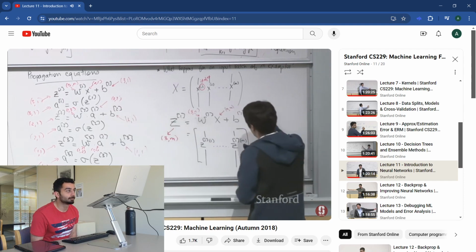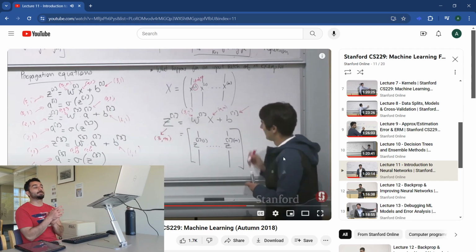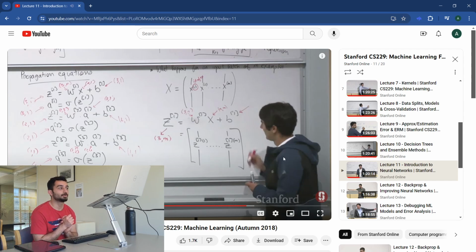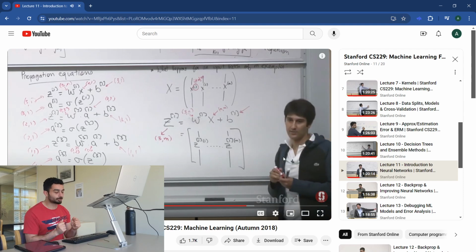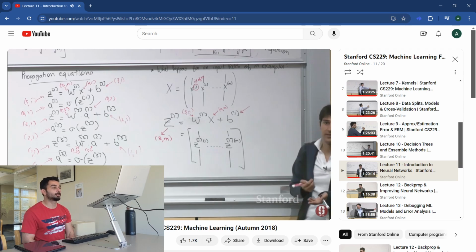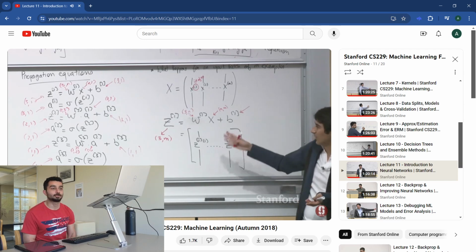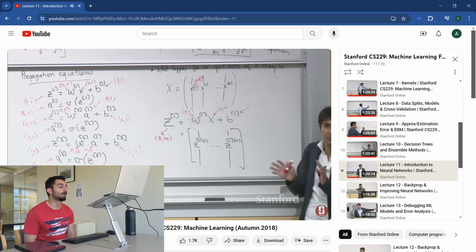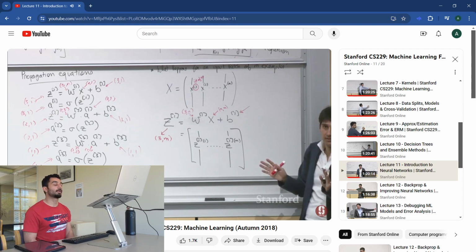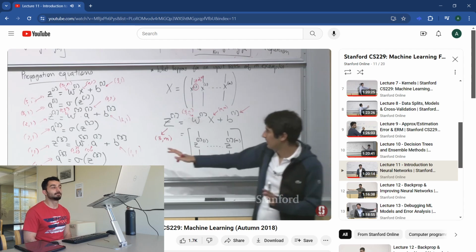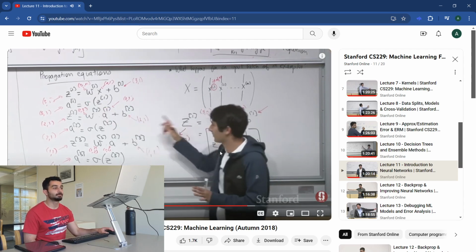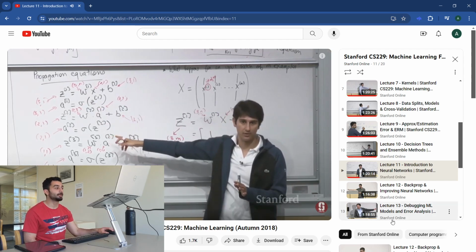Now the interesting thing. B1 is 3 by 1. There is an algebraic problem here. What is the algebraic problem? We said that the number of parameters doesn't change. It means that W has the same shape as it had before.